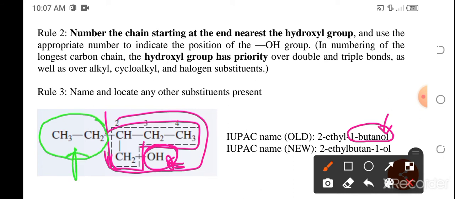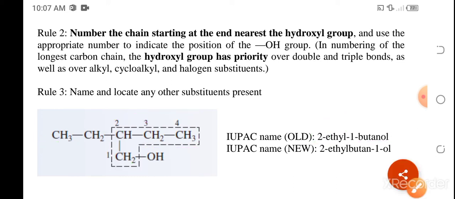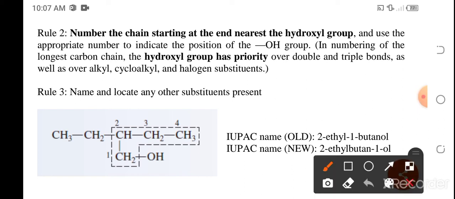This will have a name of ethyl because of the 2 carbon atom, and it is treated as an alkyl and it's a substituent, and it is attached on carbon number 2, so we are putting the locant 2 before the alkyl ethyl to denote that it is attached on the second carbon of the parent chain. Okay, so the IUPAC name would be 2-ethyl 1-butanol.